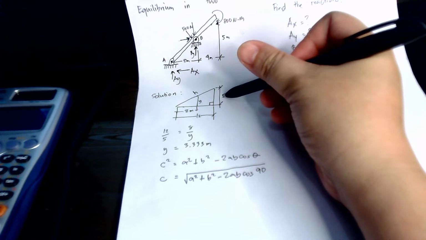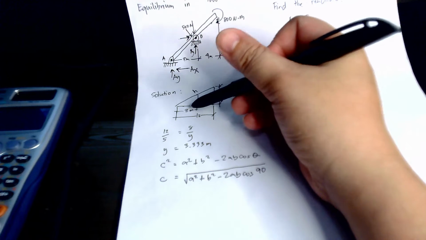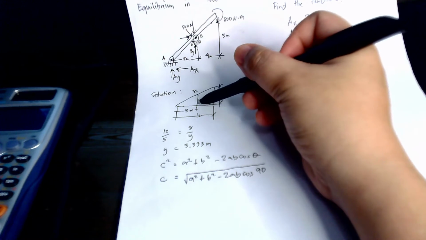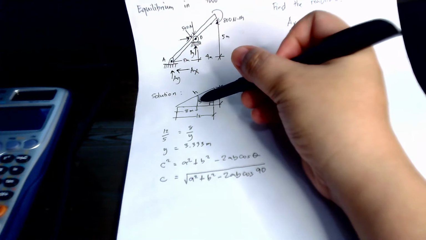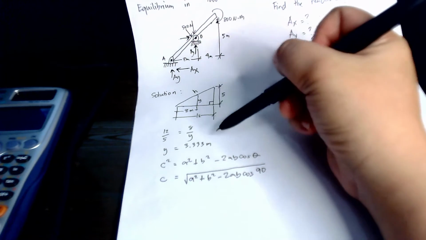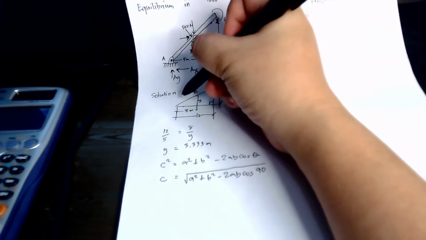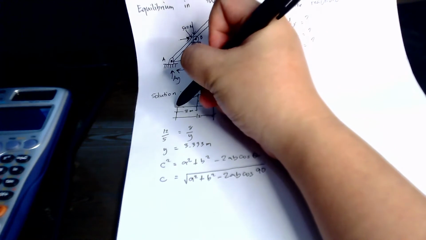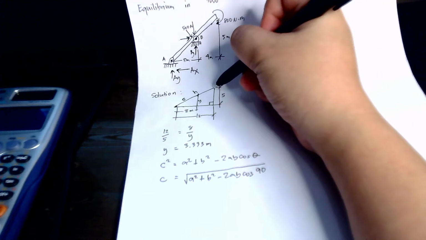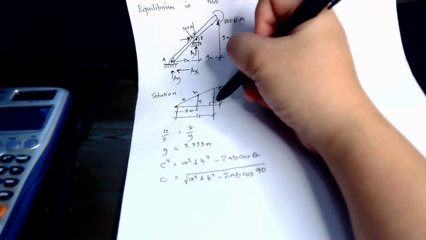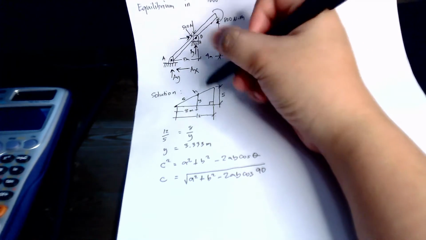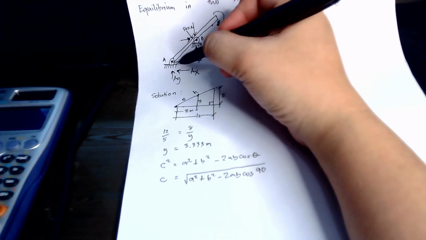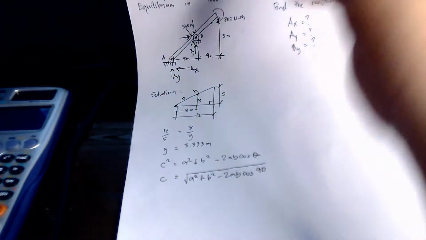Your A is 8 and your B is 3.333. We will neglect the 5 and 12 because our focus is on this triangle.